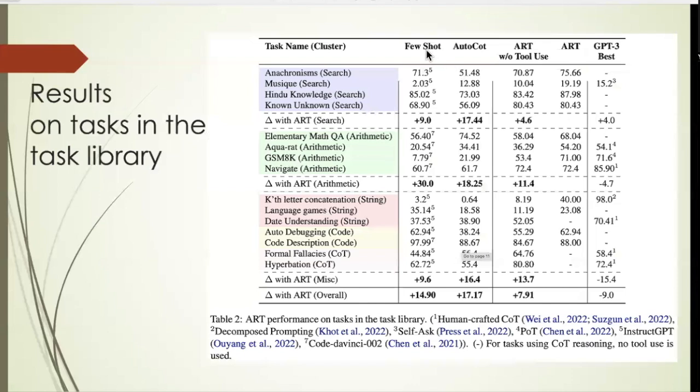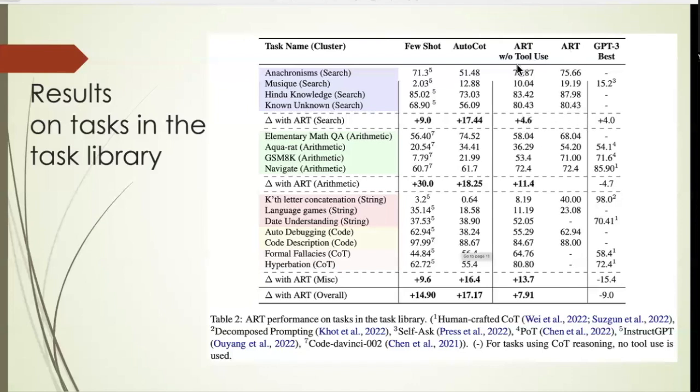So it's like the few shot without reasonings, auto chain of thoughts with automatically generated reasonings, this is ART without tool use, and this is ART with tool use. And then these are deltas comparing to ART with tool use, right? So for each column, on average, comparing to ART with tool use, what is the gap there? Basically the smaller means that it's more comparable to ART with tool use.